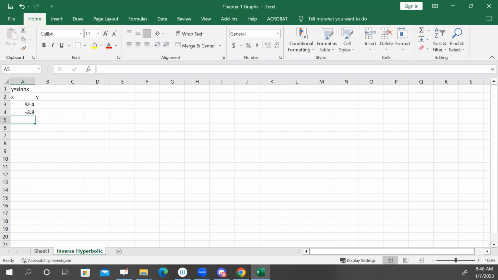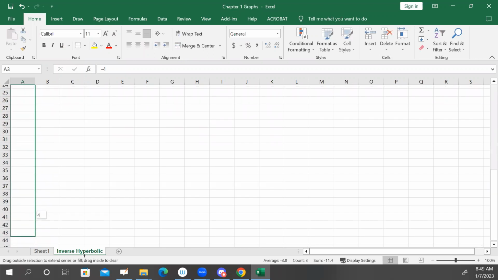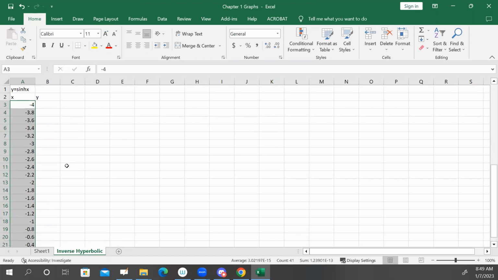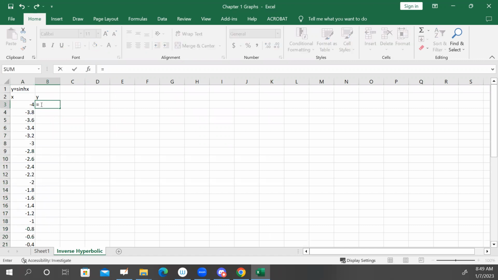I'm just generating a few x values here, because I'm drawing the sinh graph first. I'm taking a few x coordinates, and I'm going to first generate the sinh x equation. You know sinh x is e to the power x minus e to the power minus x, divided by 2, right, guys? Here e is exponential.